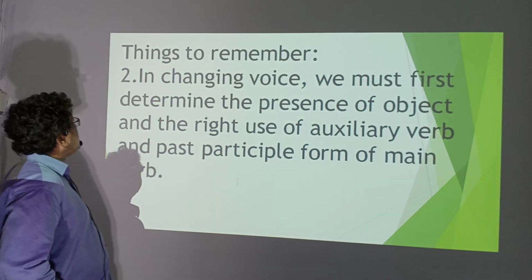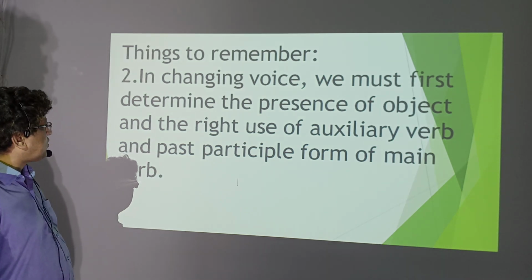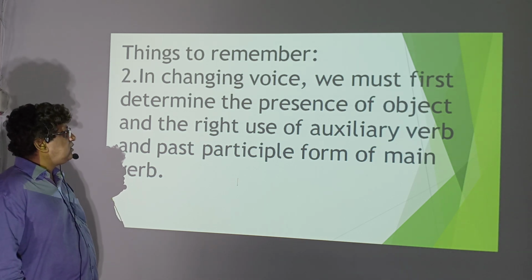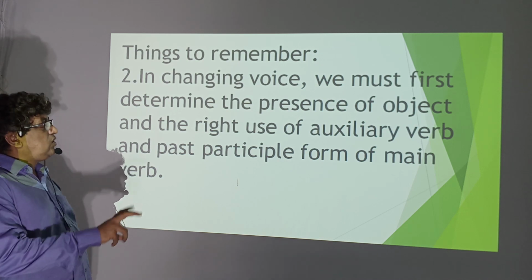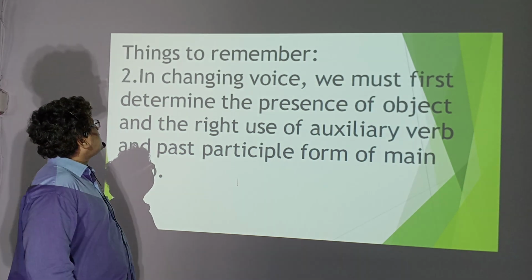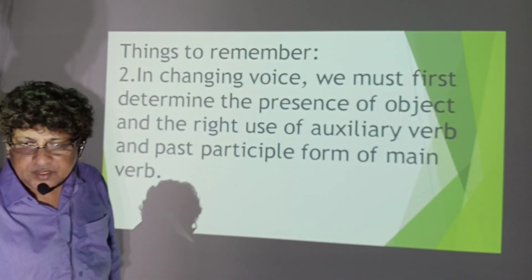In changing voice, we must first determine the presence of the object and the right use of the auxiliary verb and past participle form of the main verb when we transform an active voice into a passive one.